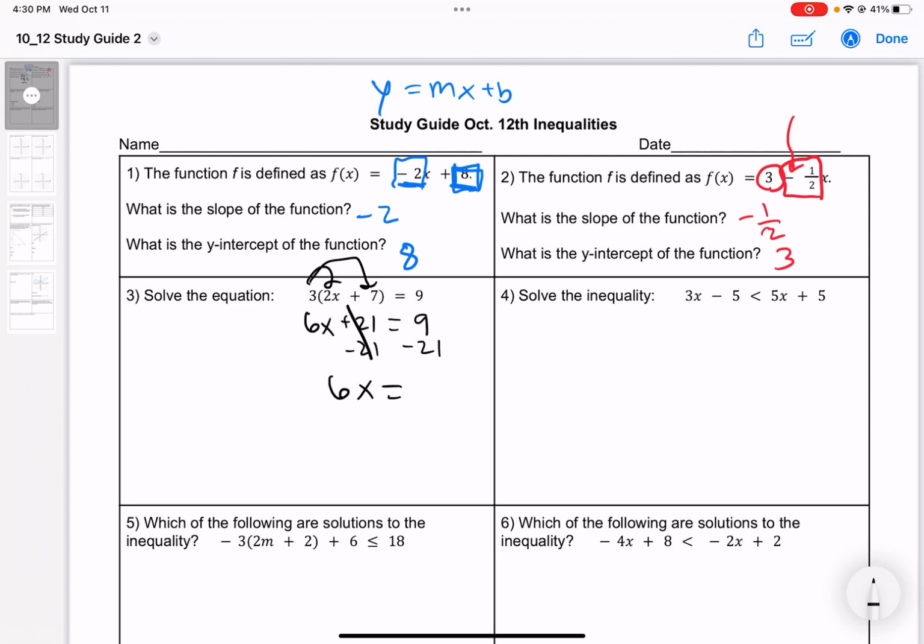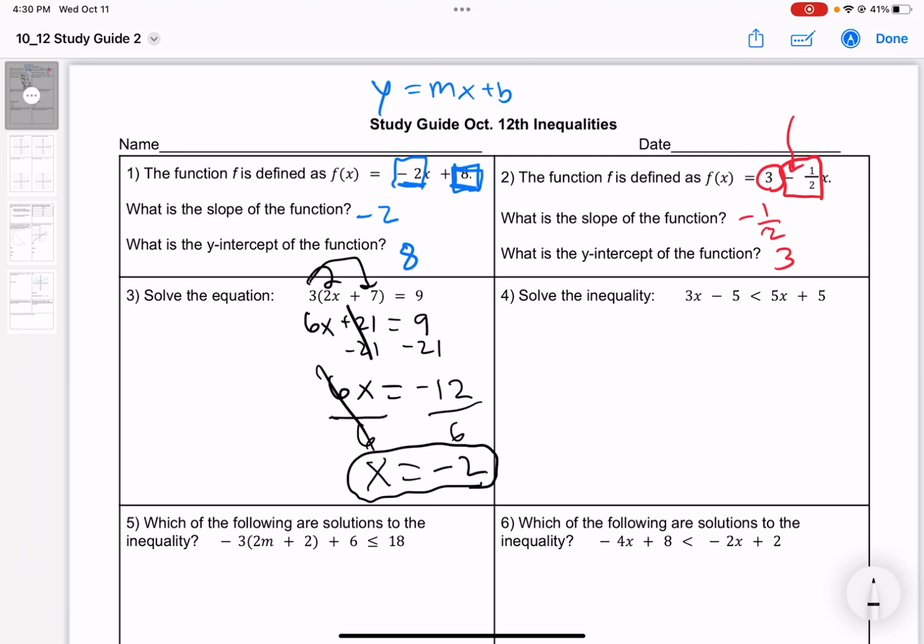You understand the process, but you are not the best at mental math. 9 minus 21 is negative 12. Okay, use a calculator if you absolutely have to on that. Divide by 6. These cancel. X equals negative 12 divided by 6, which is negative 2.